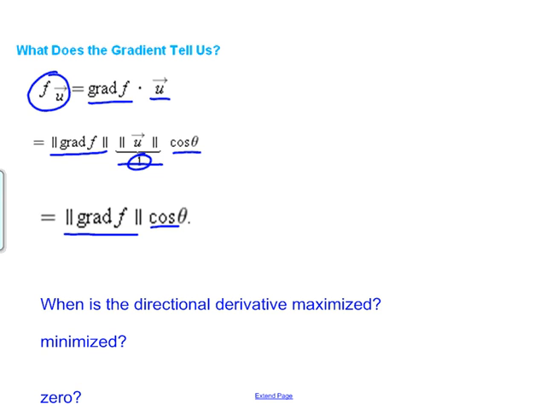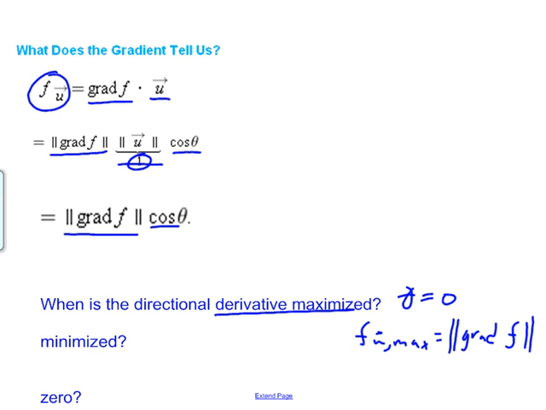So when is the directional derivative maximized? It's going to be maximized when theta equals 0. And when theta equals 0, the biggest our directional derivative can be, its max, equals the magnitude of grad f. And it's in the direction of our direction vector.